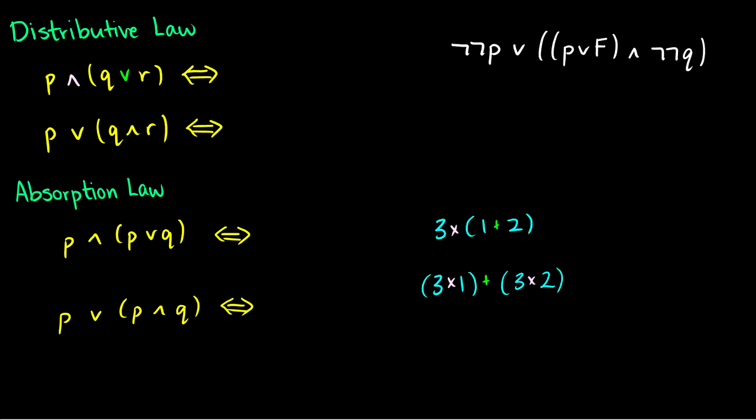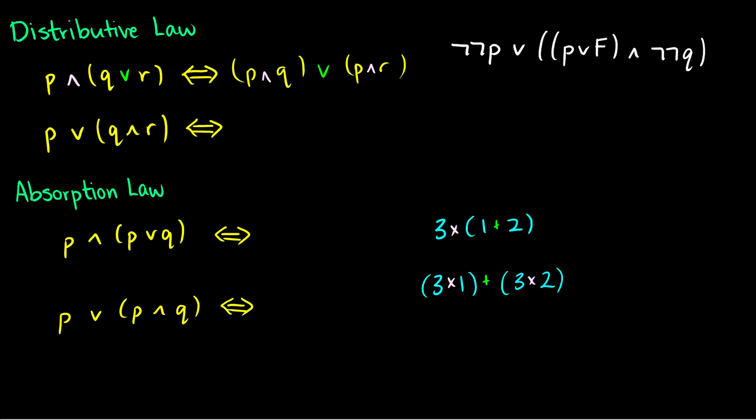So P and (Q or R), I can split this into 2 parts. One will be P and Q, the other will be P and R, and the AND is being distributed to P and Q and P and R, and then the OR is staying in between. Now this looks very similar to the multiplication and addition example below.